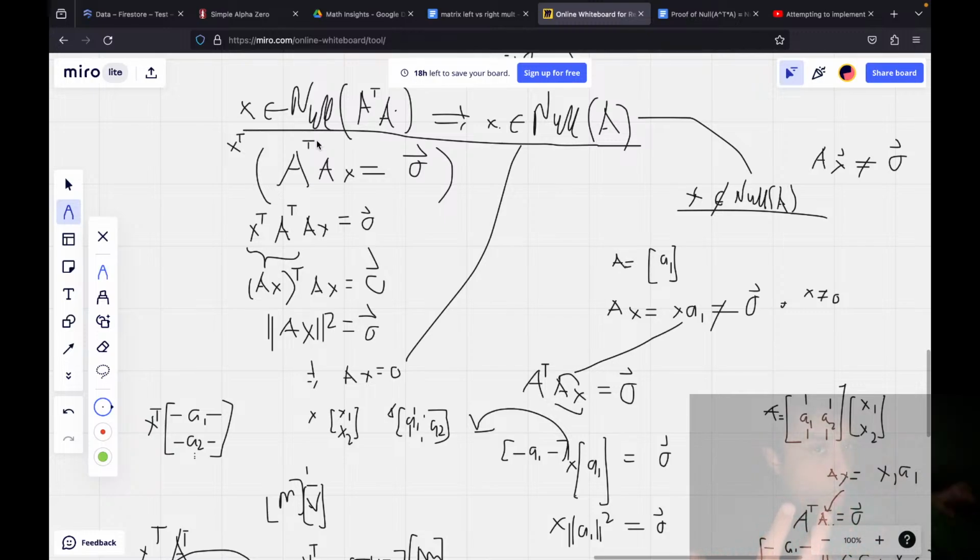But if you're in the row space of A transpose, that means, since the row space is the orthogonal complement of the null space, if Ax is in the row space of A^T, that means Ax cannot be in the null space of A^T.